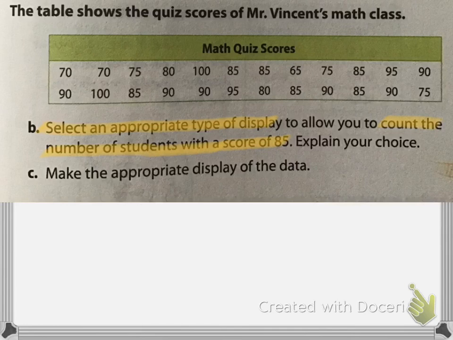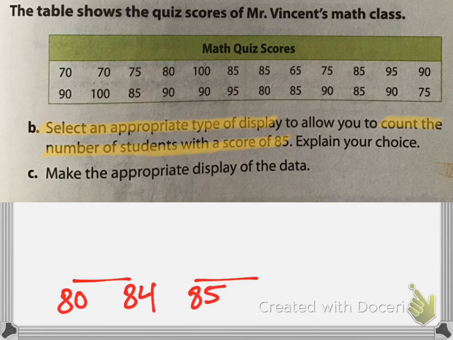Yes, for those who selected line plot, you are absolutely correct. Histogram would have only one issue, and that's that a histogram is a range of numbers. So the score might be from 80 to 84, and then from 85 to technically 89 or whatever. And so we wouldn't be able to tell exactly how many had 85.